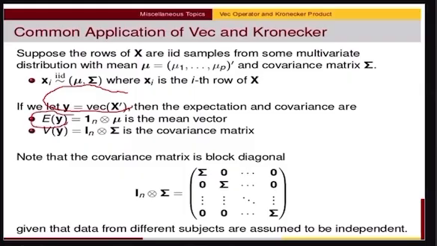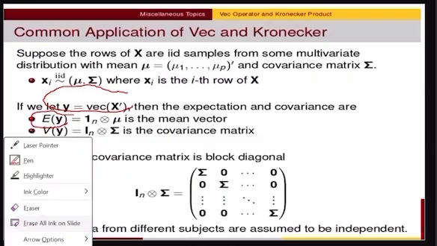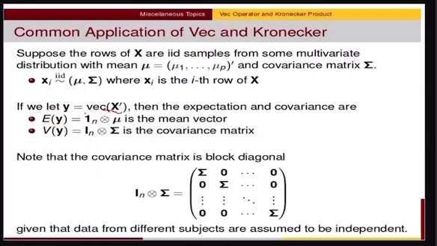Expectation of y means the average of y because y varies. The blood pressure varies, the height varies, the weight varies. Then I want to measure the collective mean of them. So if I want to find the expected value of y, I should be ready to do a Kronecker product between the matrix of ones and the mu. That will give you the mean vector.